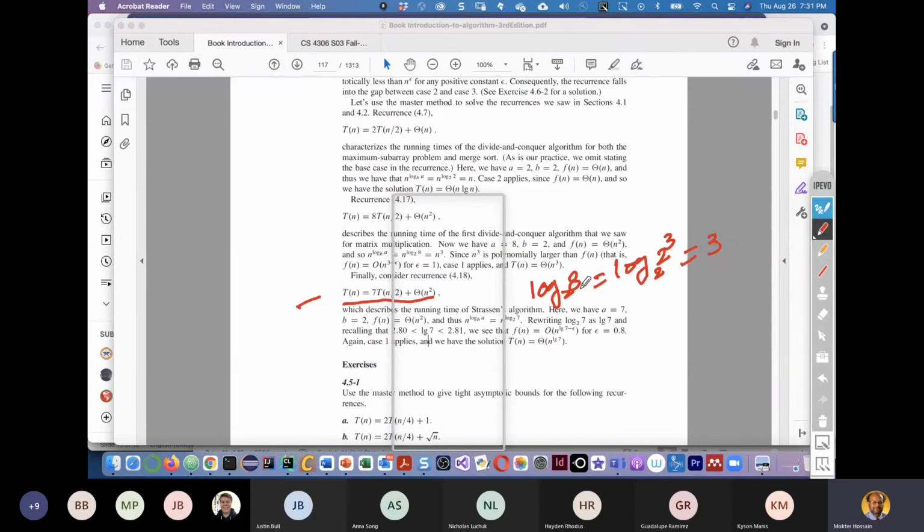So its value is something less than 3. Okay, so that means 2.81, or 2.8 for instance. Now we have this part.